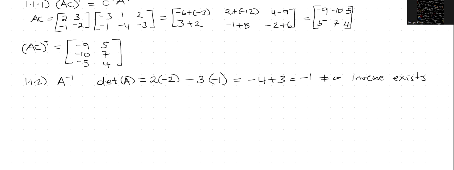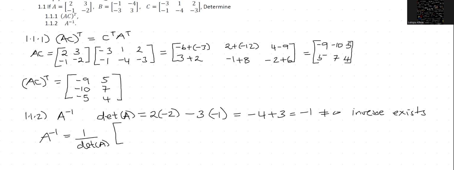And with a 2 by 2 matrix, finding the inverse is very easy. So we have 1 over the determinant of A, and then here we multiply by the adjoint of A. So we take the matrix A, the elements on the major diagonal, we swap them. So minus 2 comes here, and then 2 goes there.